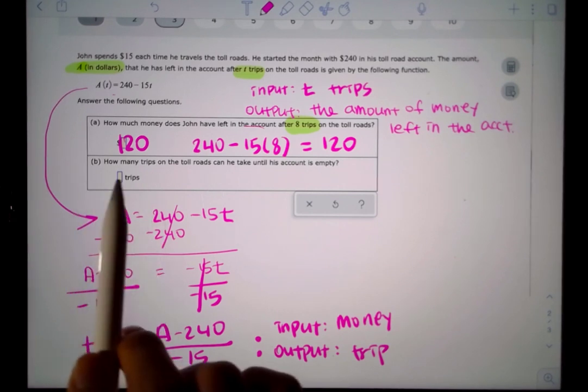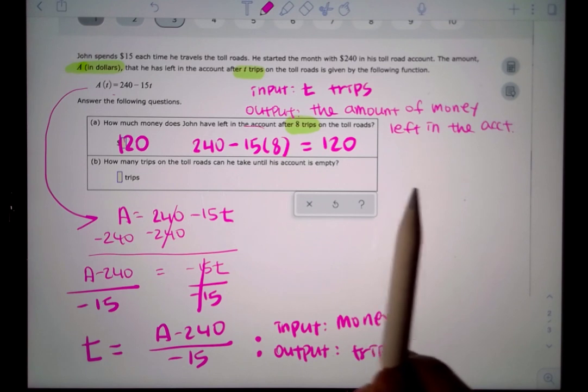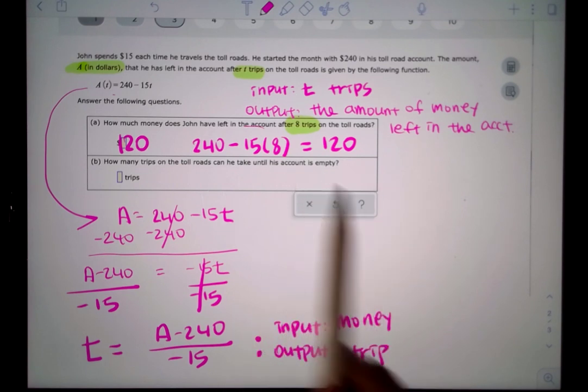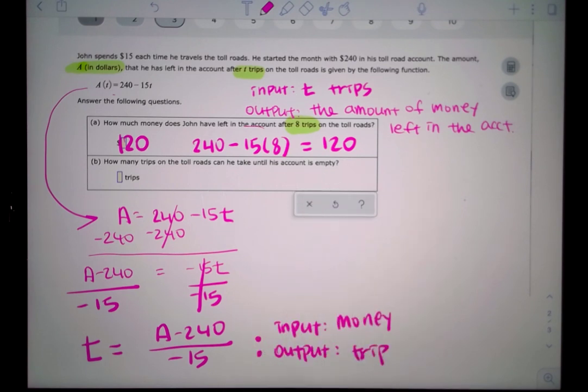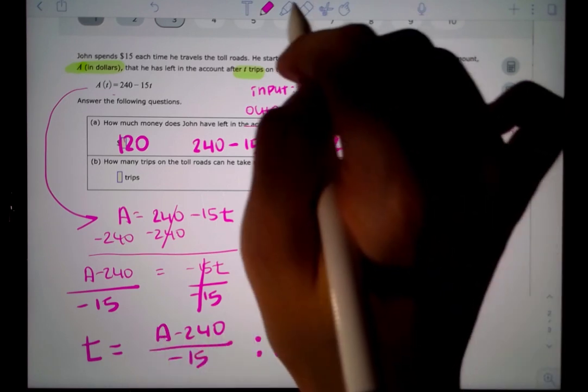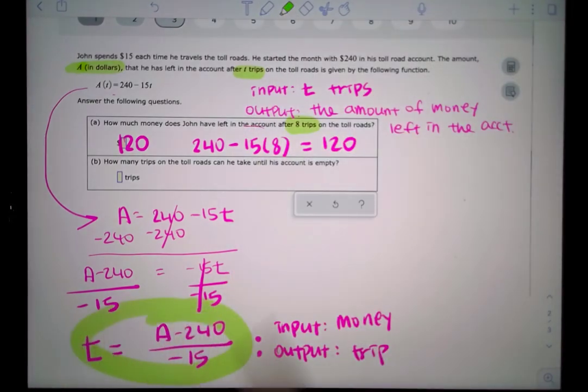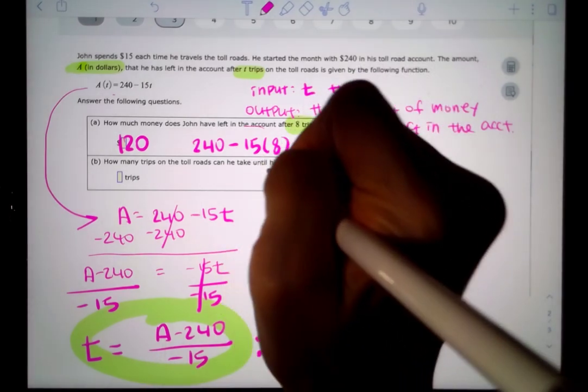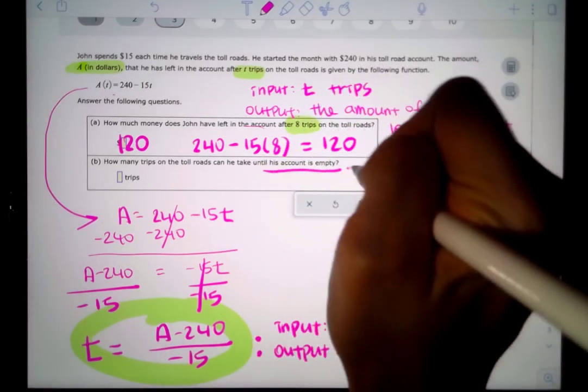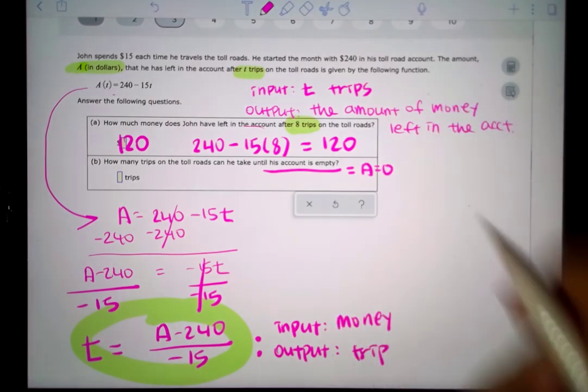Okay, and how many trips on the toll road can he take until his account is empty? Account is empty, then how much money in the account? $0, right? So I'm gonna use my inverse function over here. So you put 0 into A, right? Account is empty. That means A is 0.